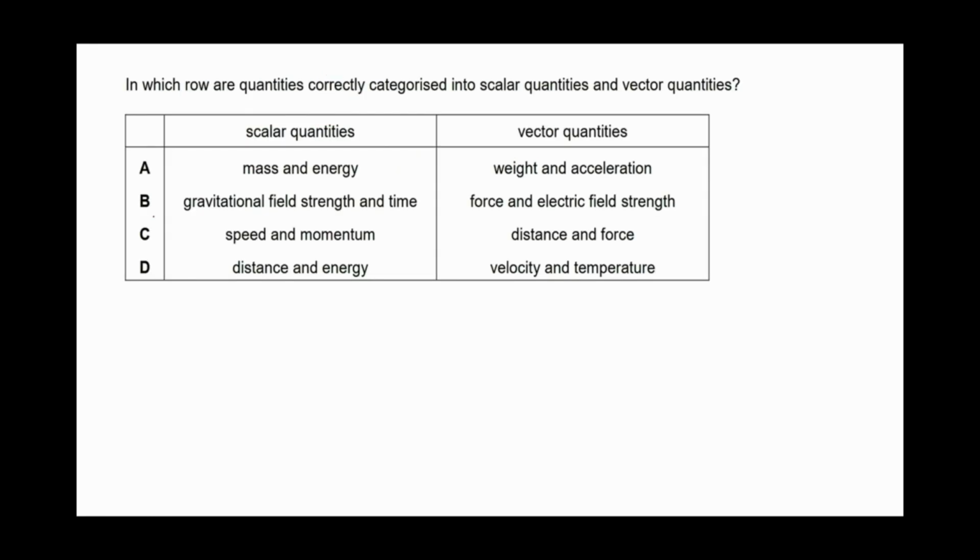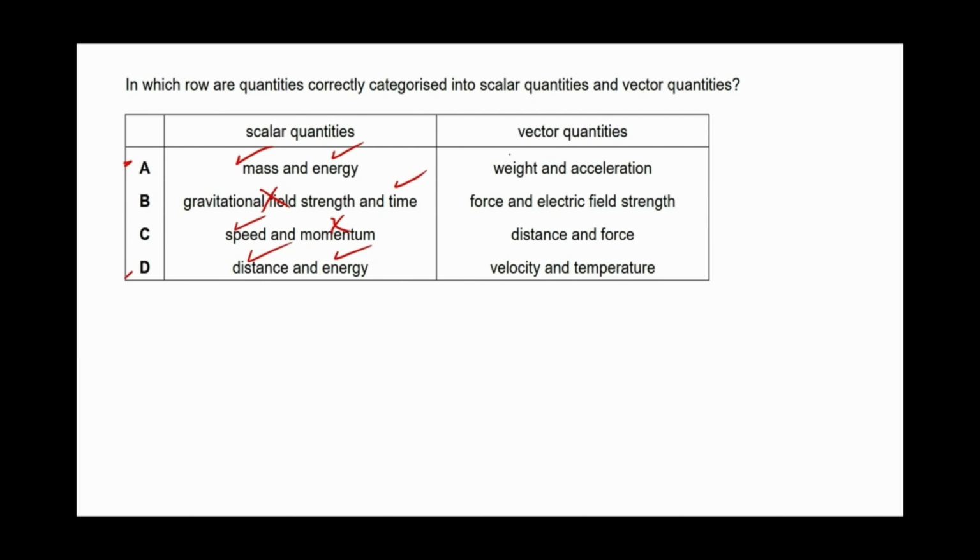In which row are quantities correctly categorized into scalar quantities and vector quantities? Firstly, with a scalar, mass and energy, yes. Gravitational field, no. Time, yes. Speed, yes. Momentum, no. Distance, yes. Energy, yes. Okay, so we have A and D. Okay.